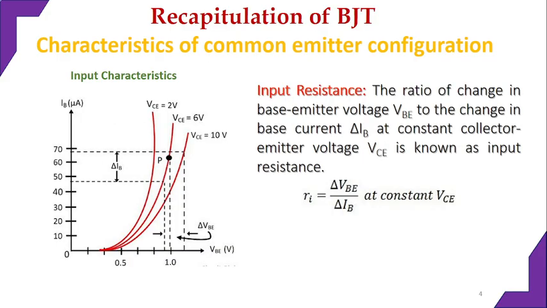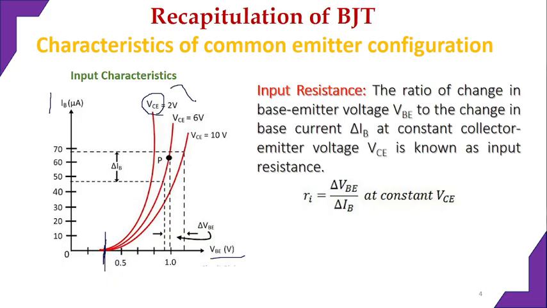As I told you already, the input voltage VB is taken along the x-axis and the input current along the y-axis, keeping the collector emitter junction voltage constant. If we keep this voltage constant, it acts as a simple forward bias diode. Once the cut-in voltage is reached, the diode automatically starts to conduct.